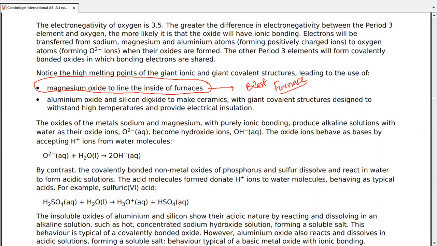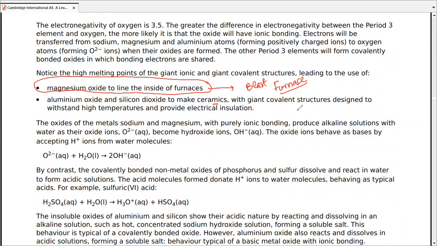Aluminum oxide and silicon dioxide are used to make ceramics, the ceramics that we commonly use in the form of wash basins and other ceramics in toilets or washrooms. The giant covalent structure is designed to withstand high temperatures and provide electrical insulation.